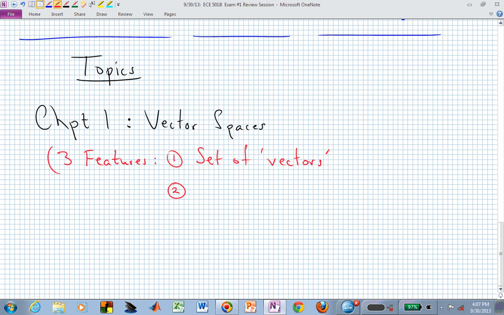Then that set of vectors needs to have the property of vector addition, and to be a vector space, that addition needs to be closed to vector addition, and it also needs to have the property that it's closed to a scalar multiplication.